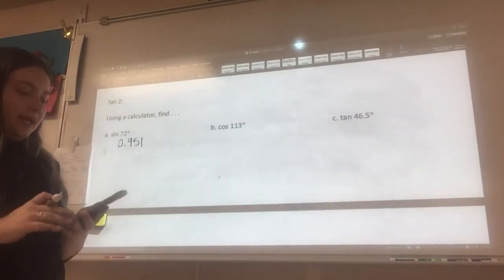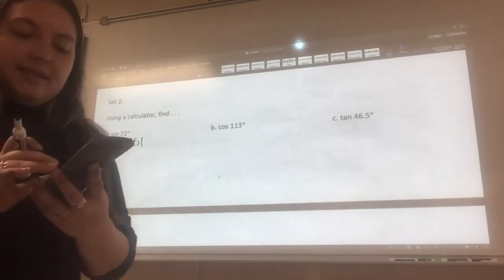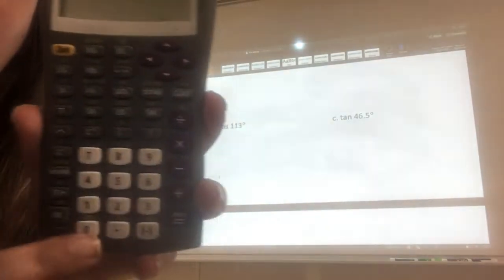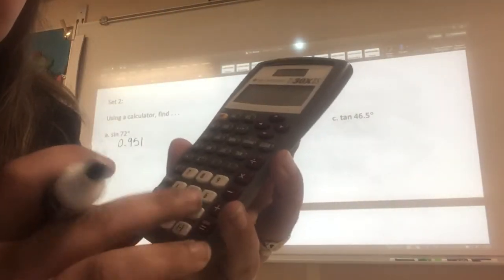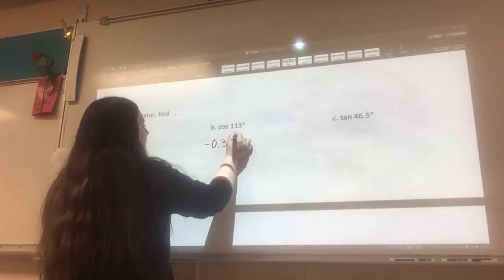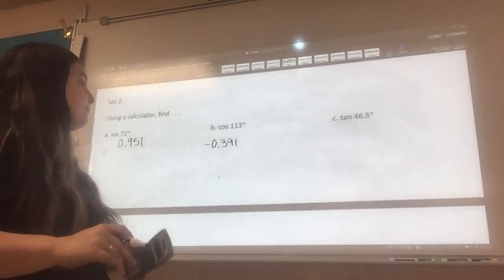You're plugging it in your calculator for either sine, cosine, or tangent. Once again, we can clear it out, you go to the cosine button, and we're gonna plug in 113. You press enter, and you're gonna see that it is negative 0.391. It is okay to have negatives. We'll talk about those later.